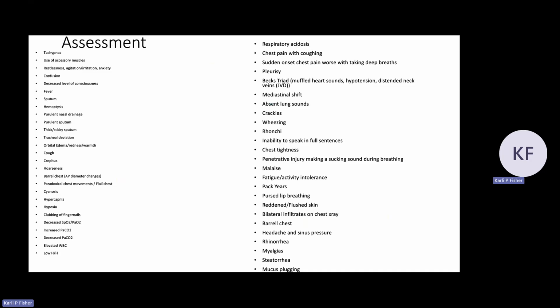Hemoptysis is coughing up blood. That's when you've got blood coming up in your mucus. Purulent is going to be that drainage that is yellowy, infection-like, thick, sticky sputum. Tracheal deviation. Remember how we talked about the trachea, you should be able to identify the trachea looking at the throat. Deviation means it's moved off of its normal midline.